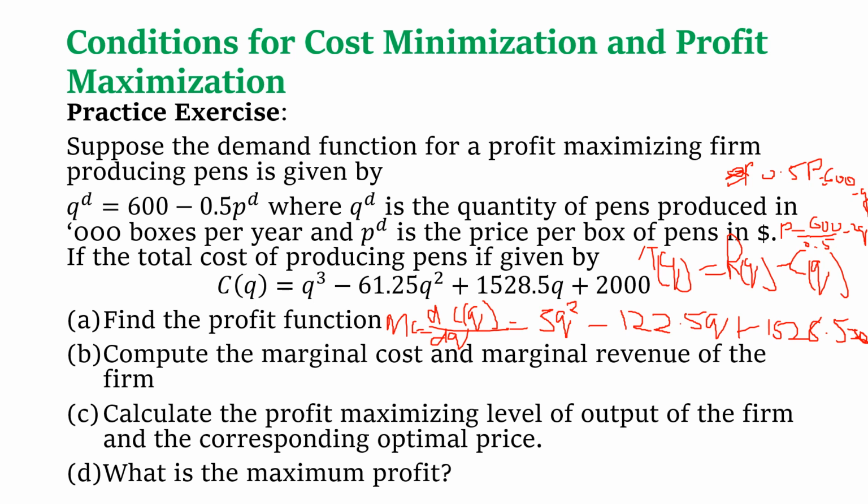Multiply that by Q becomes 1200Q minus 2Q squared, and that is what you're going to plug in here for your revenue.